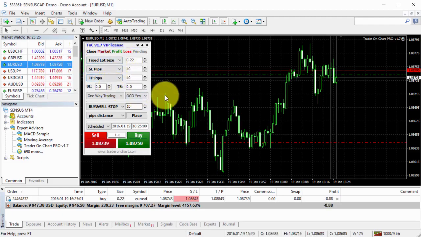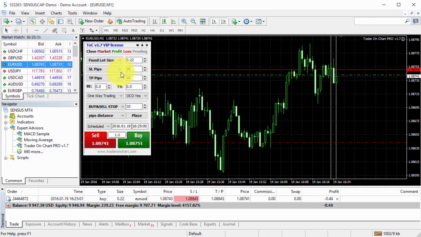And one last thing to show, actually a couple of things to show, is that it also has an OCO option. So this means that I can place two pending orders in opposite directions, and when I have OCO enabled, then the opposite pending order will get cancelled the very next moment when the first pending order is executed.